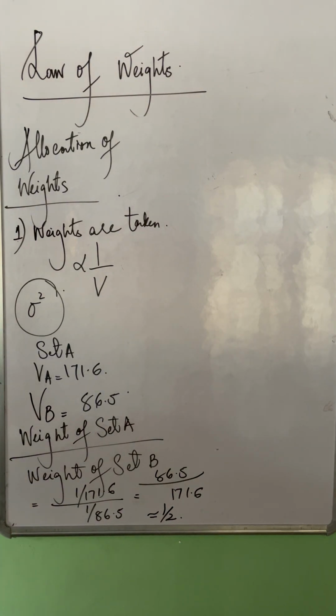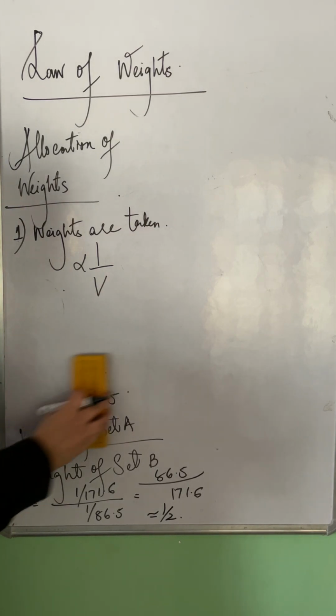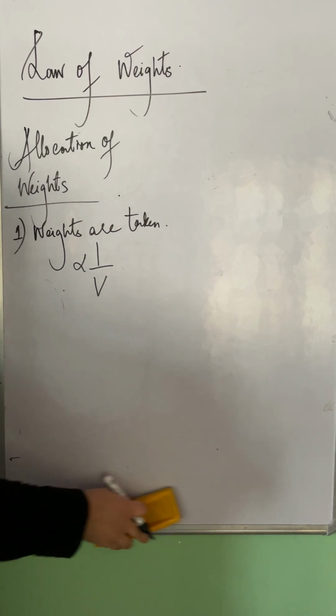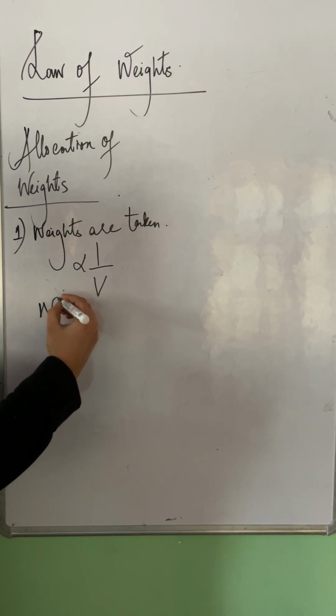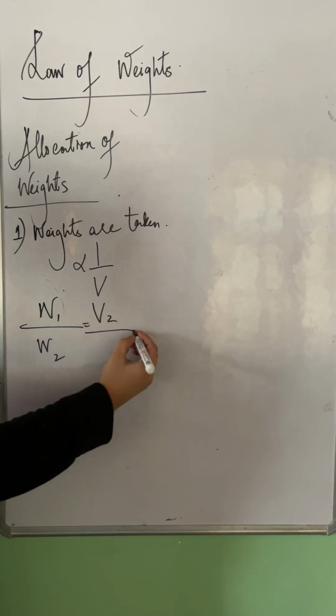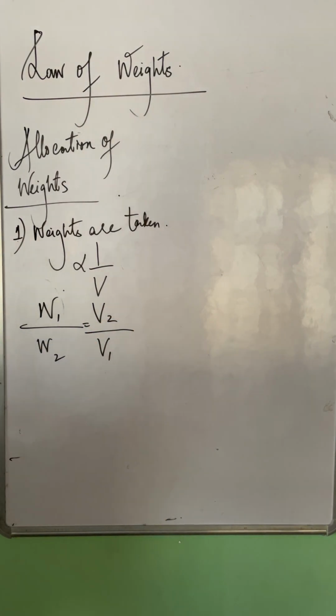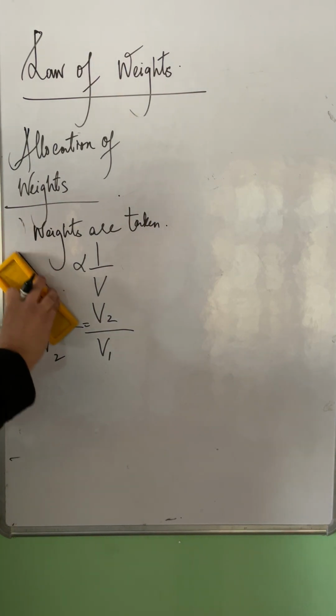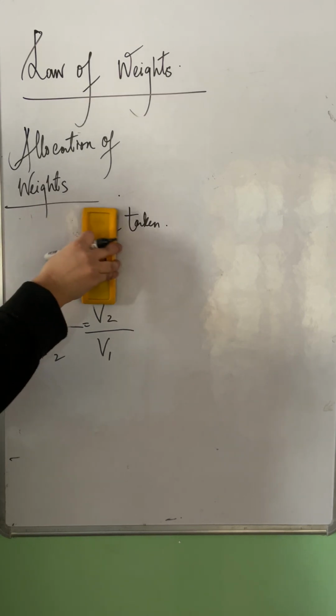So let's generalize this rule. W1 by W2 is equal to V2 by V1. The weights are generally taken as inversely proportional to the variance, which is square of the standard deviation or square of the standard error. This is how weights are allocated.